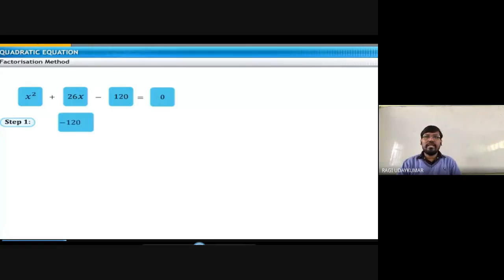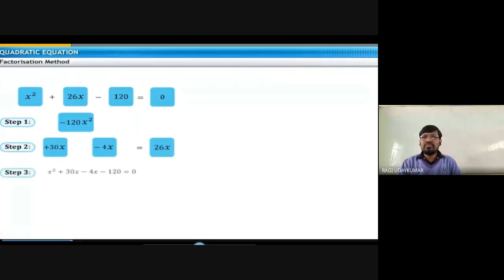We get minus 120 x square. In the second step, we have to write the 26x in such a way that the sum of the two numbers is equal to 26x and the product will be equal to minus 120 x square.